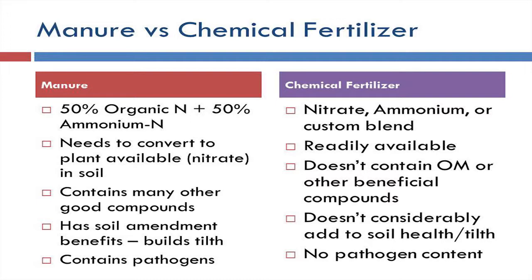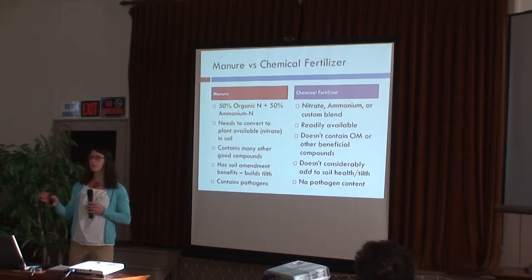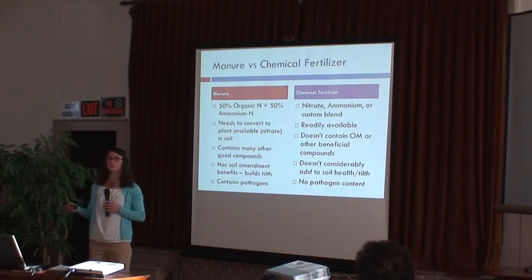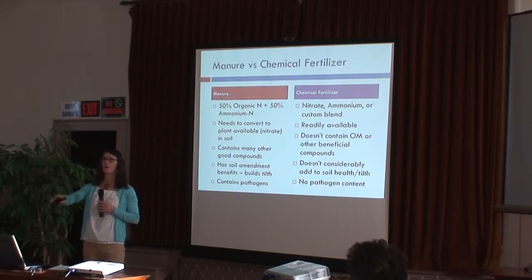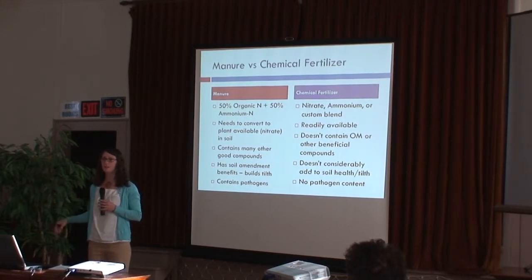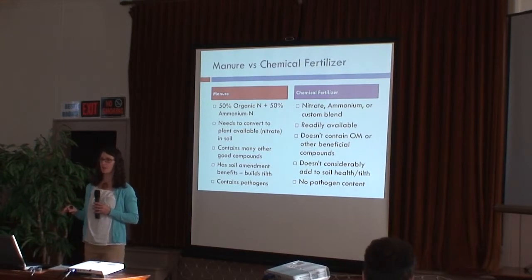And the biggest one in particular is what they're composed of. Manure, when we look at just nitrogen, which is mostly what you're concerned about and what you're thinking of first for getting your fertilizer out there, you think about how much nitrogen does my grass or corn or whatever it is need. Some of the other things kind of fall second. But with manure, it's composed of 50% organic nitrogen and about 50% ammonium nitrogen.